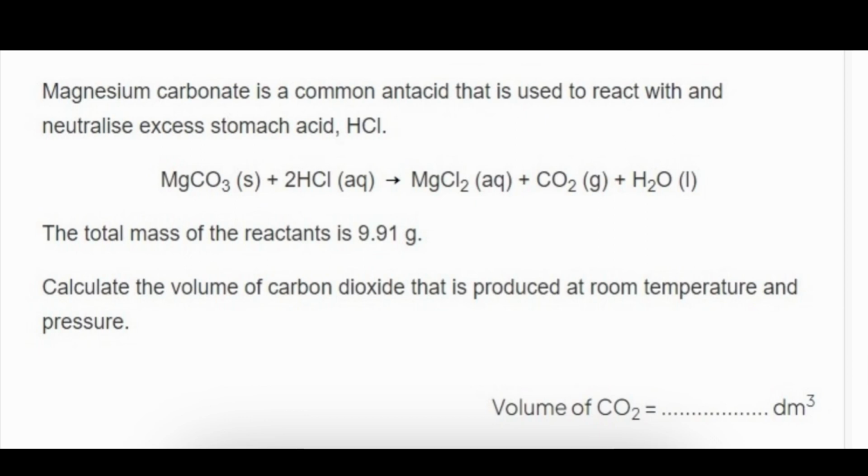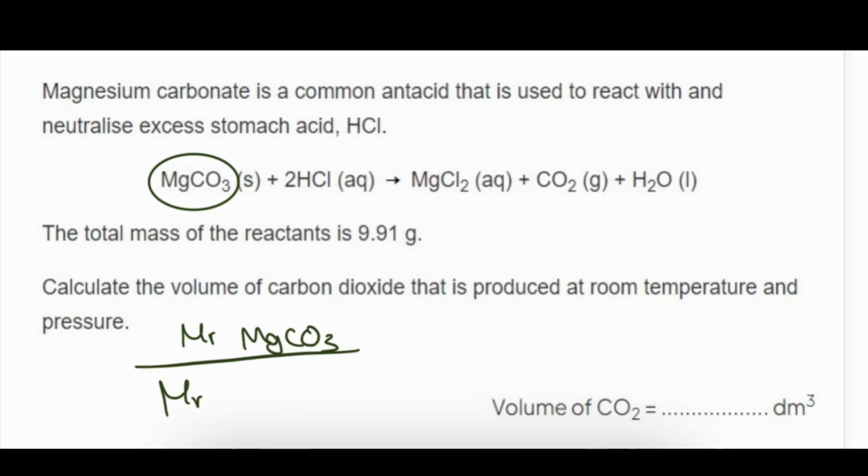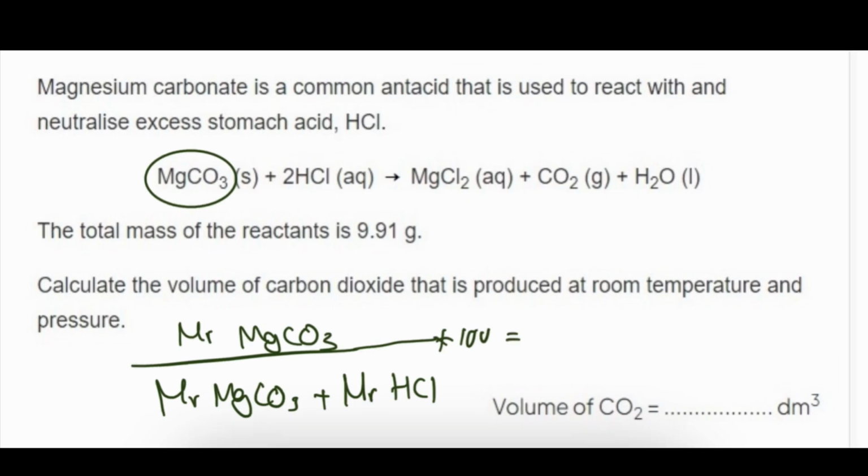Simply, we can say that if I take the percentage of magnesium carbonate in the mixture of the reactants, then I will have the mass. How can I do this process? You will take the MR of MgCO3 over the MR of MgCO3 plus the MR of HCl times 100, and then the percentage is equal to 53.59%.